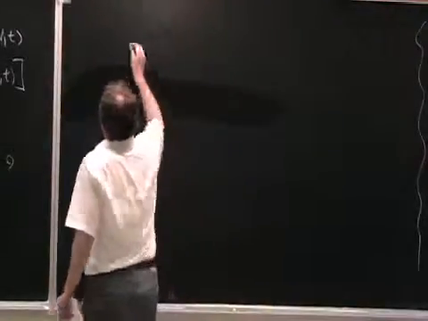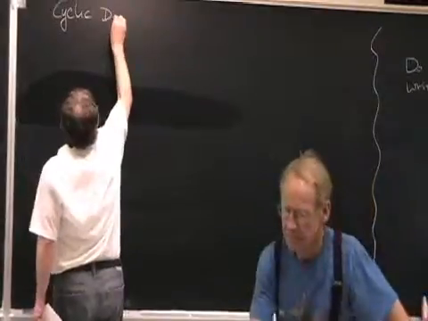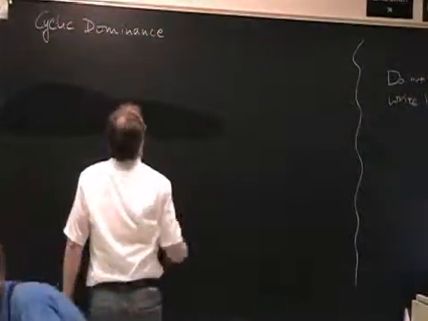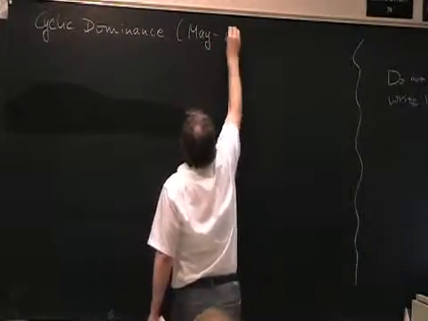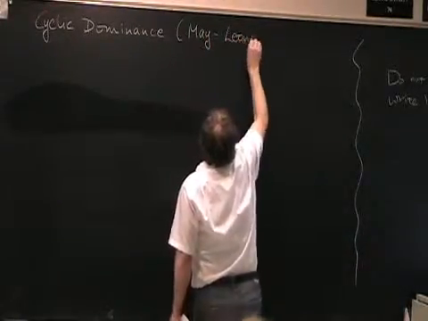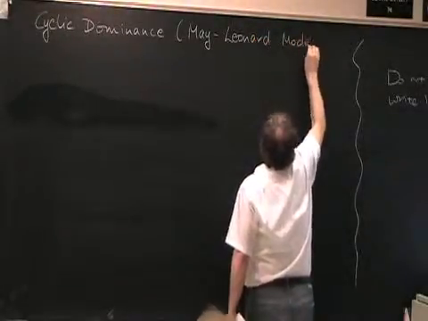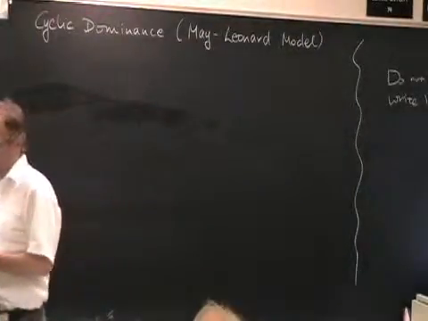So the idea is now to look at cyclic dominance. And what I will discuss is a particular model which is called the May-Leonard model. It is different from the rock-scissors-paper game in that it is a two-step process.